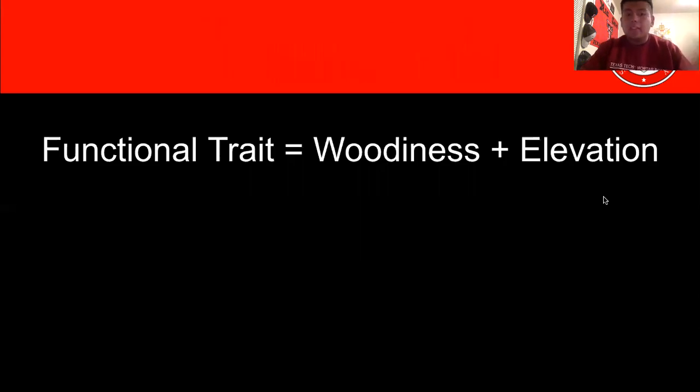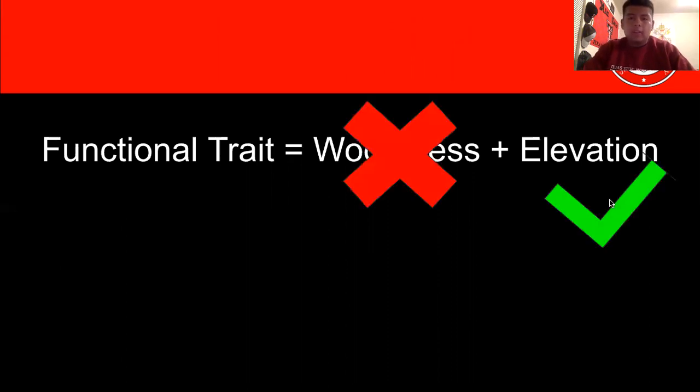So we go back to this equation that we were talking about at the very beginning: the functional trait is defined by woodiness and elevation. Because we weren't able to find any significant findings for woodiness in our project, the functional trait we were looking at was not defined by woodiness. Instead, it was defined by elevation.